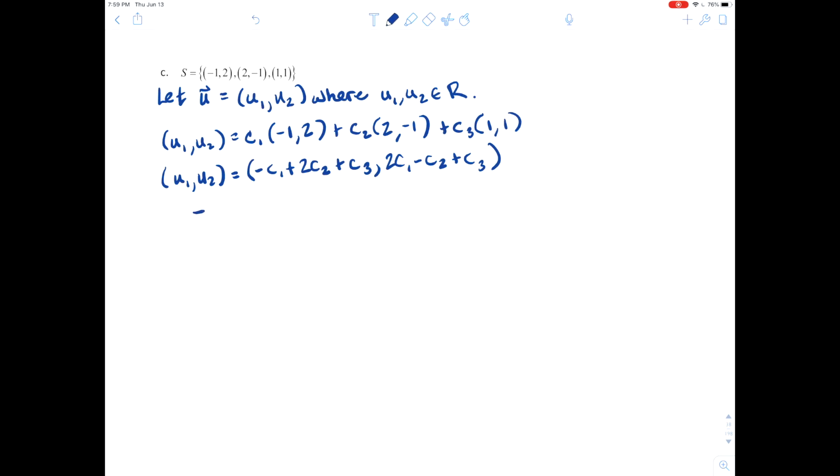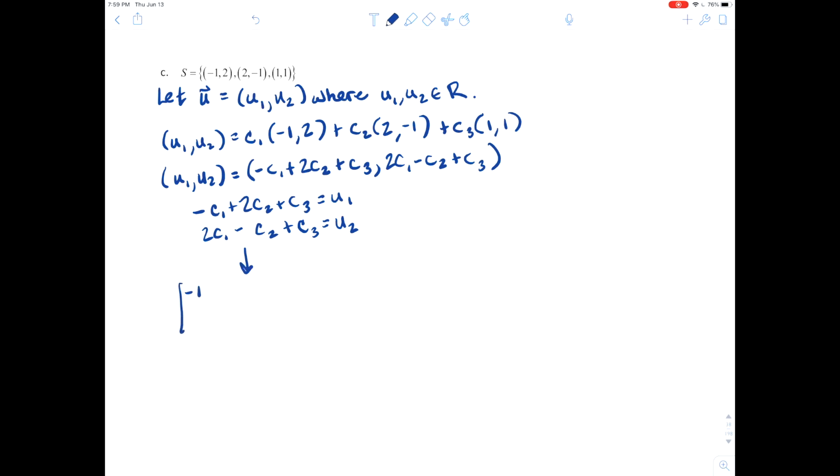Equating corresponding components, we're going to have -C1 plus 2C2 plus C3 has to be U1, and 2C1 minus C2 plus C3 has to be equal to U2. Cool so far? All right, so again, let's put this into a matrix and get some practice.